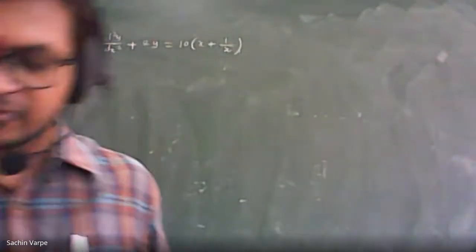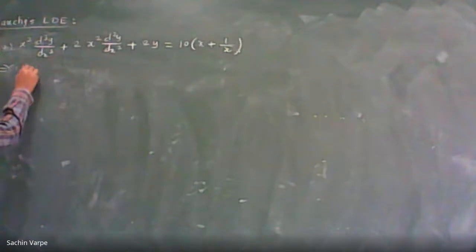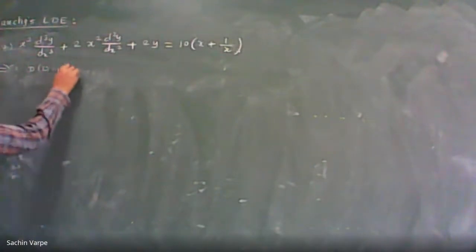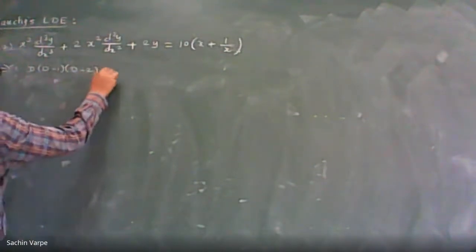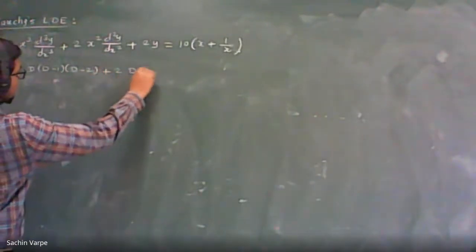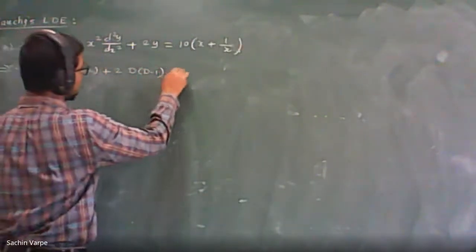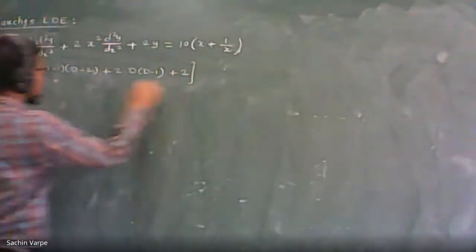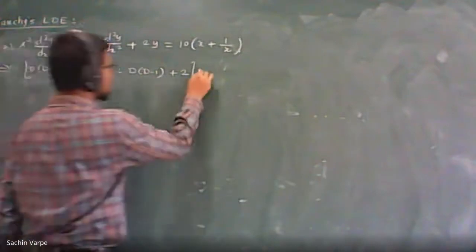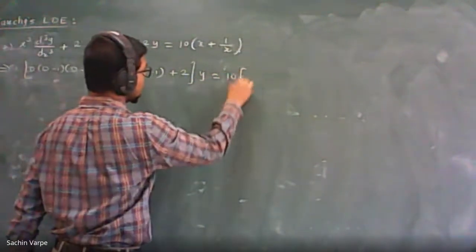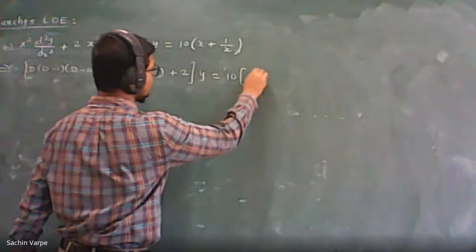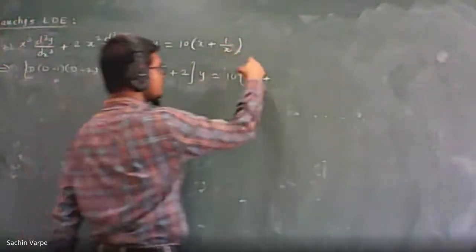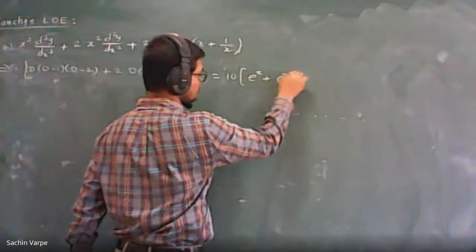So what is the complementary function here? When we substitute, the reduced differential equation will be D into D minus 1 into D minus 2, plus 2D into D minus 1, plus 2, into y is equal to 10 into, what will I write for x? e raised to z plus 1 upon x means 1 upon e raised to z, that is e raised to minus z.